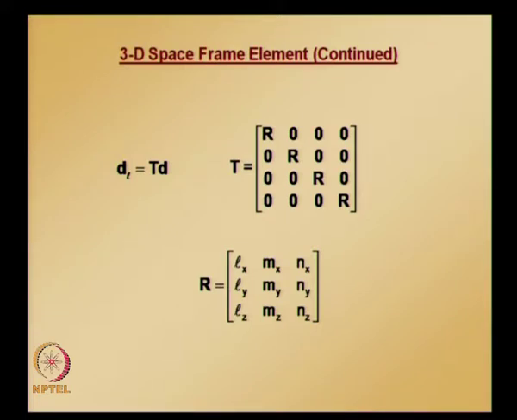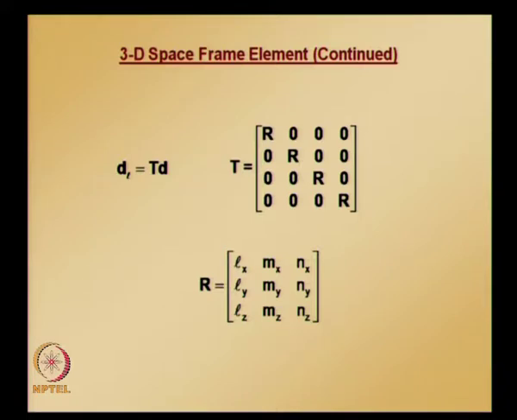But the problem with the orientation angle method is that calculation of the orientation angle is not easy in many practical situations. That is why we have the alternate method, which is the third node method.